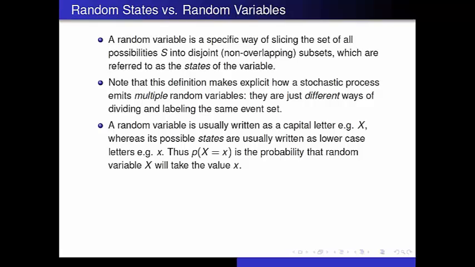If we can do that, then we've defined a discrete variable, and those separate disjoint regions of my set of all possible events each represent one discrete value of my variable, which you could also call a state of the variable.